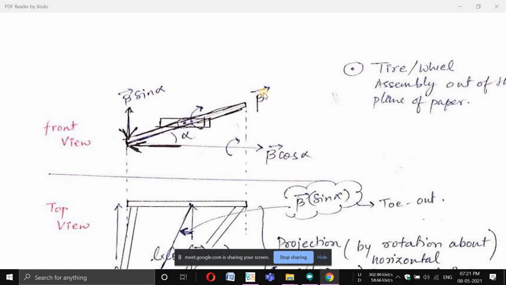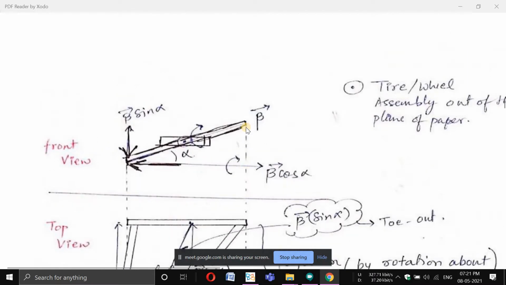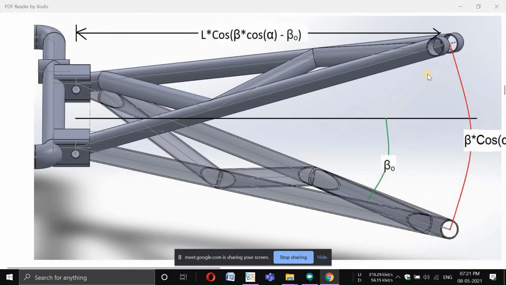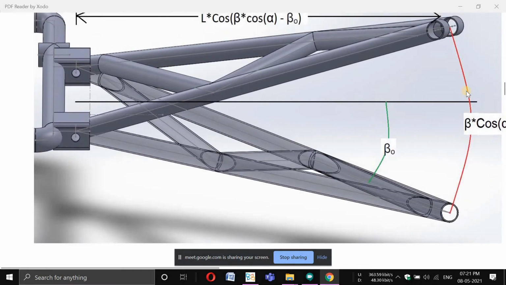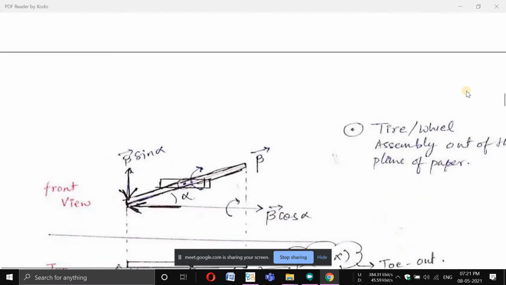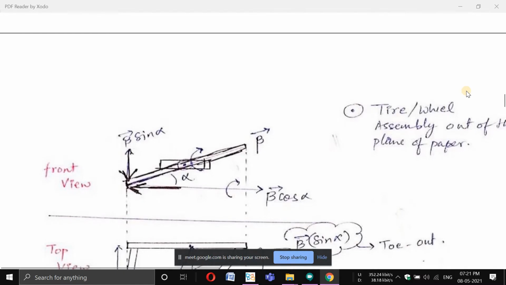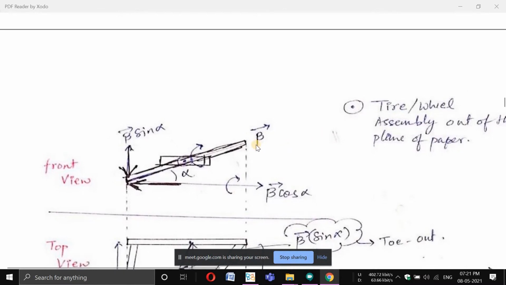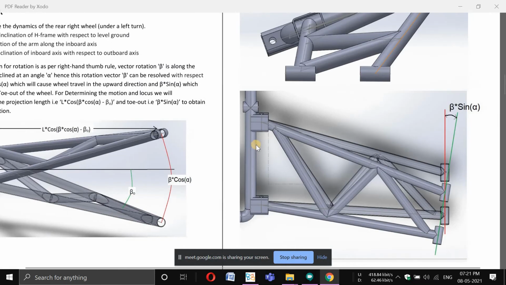So the direction of beta is along the inboard axis, and the magnitude of beta is seen from this view. This is the beta. The red angle signifies how beta is incorporated, and the specific beta angle direction is along the inboard axis, which is at alpha.